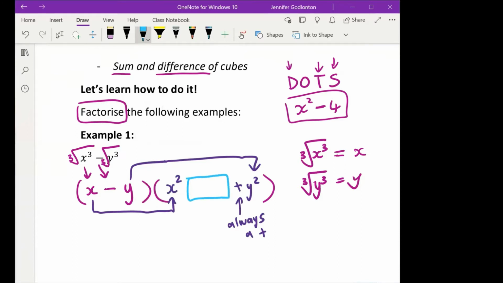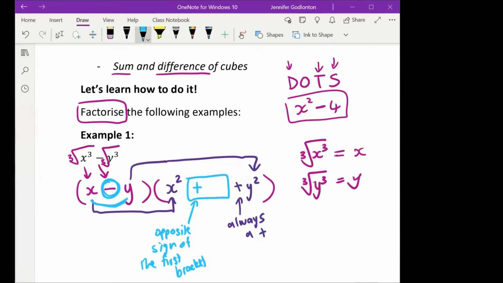And then, this is where we get a bit sneaky, is this middle part over here. First thing, the sign is always going to be different to the sign in the middle of the first bracket. So if the sign in the middle is negative, we're going to write a positive. It is always the opposite sign of the first bracket. And then to get the numbers next to it, we multiply these two together.